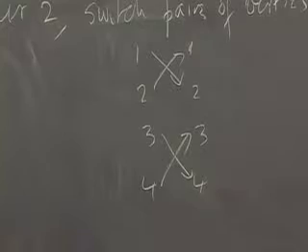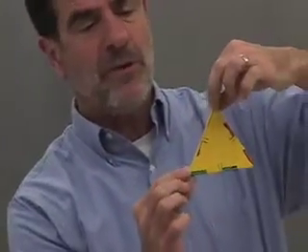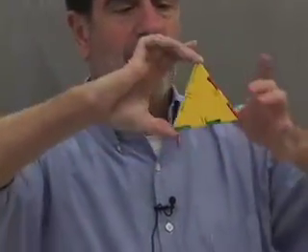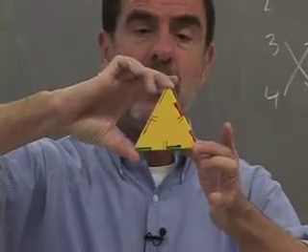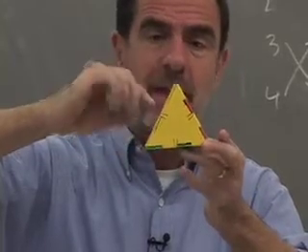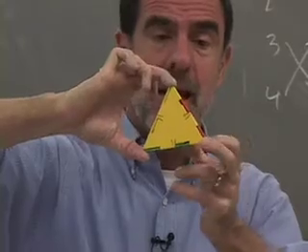So it's easy to show you if I actually have the thing and I can hold it up. So we're going to switch these 2 vertices, and the 2 vertices here are going to be switched. So what rotation does that? You take the axis, since a rotation is determined by its axis. You take the axis through this edge, the vertices you're going to switch here, and this edge.